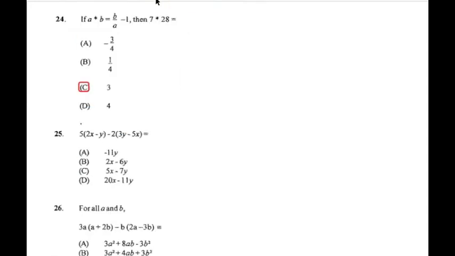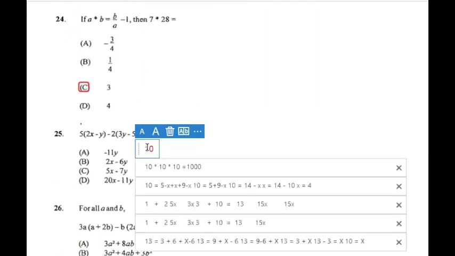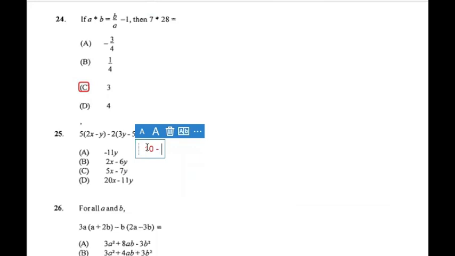So 25. This question was worked in detail in the 2005 paper, so you can check the link in the description below. But what you're doing is expanding the brackets and then simplifying to arrive at your answer. So you're doing 5 multiplied by 2x to give 10x minus 5 multiplied by y to give us 5y, and then negative 2 multiplied by 3y to give us negative 6y, and negative 2 multiplied by 5x to give us negative 10x.